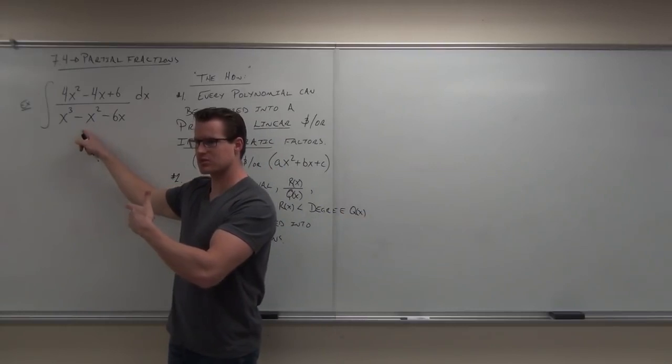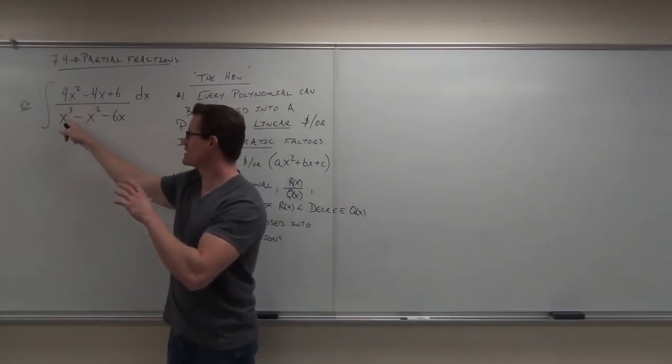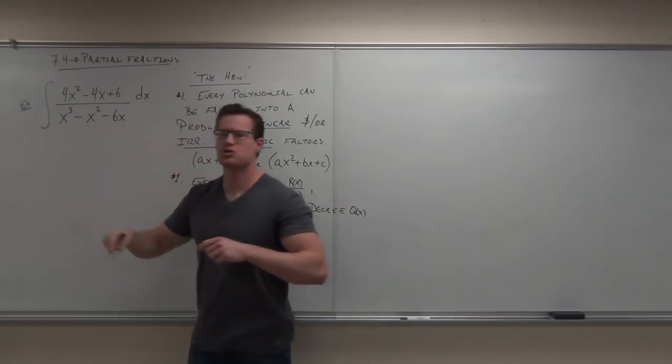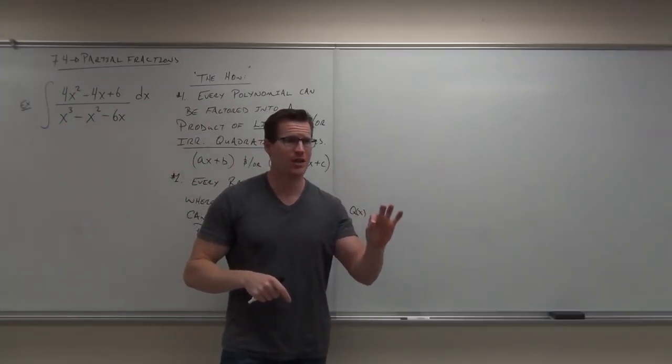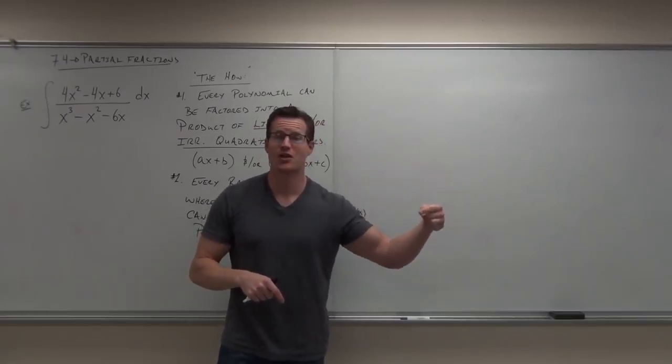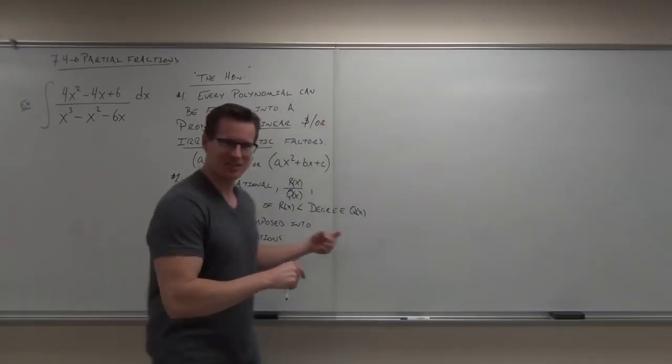Does that make sense? So, if the degree here is less than this, you're good. If the degree here is more than or equal to this, you do long division first, and then it reduces the degree of your numerator, and then you do partial fractions. Those problems are kind of stinky, and we'll see those in a little bit.